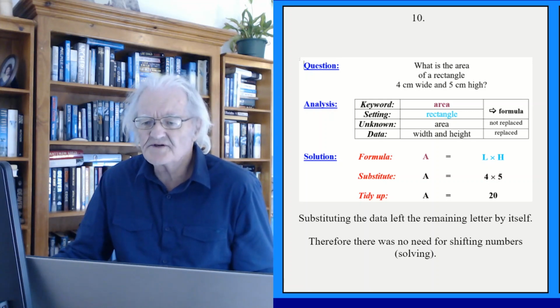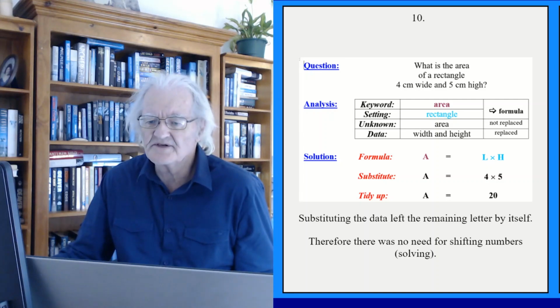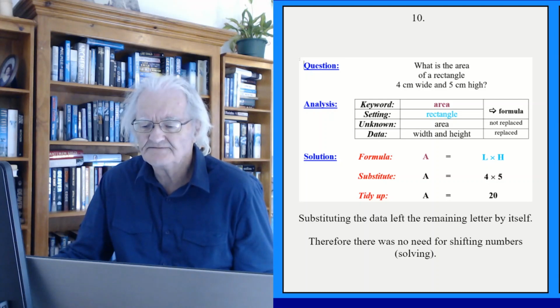So for the question, what is the area of a rectangle 4 centimetres wide and 5 centimetres high? We have the analysis. Keyword is area, setting is rectangle, unknown is area, and so data must be width and height. The solution is our 3-step process.